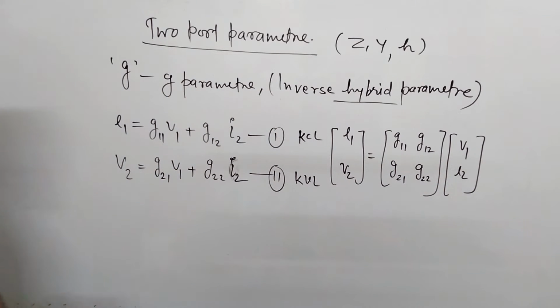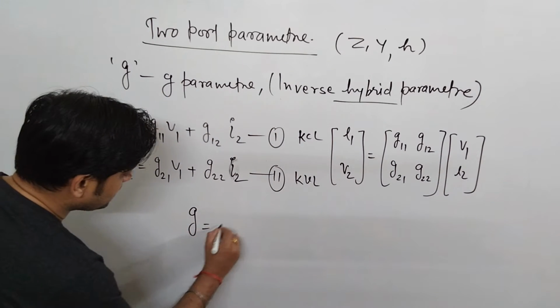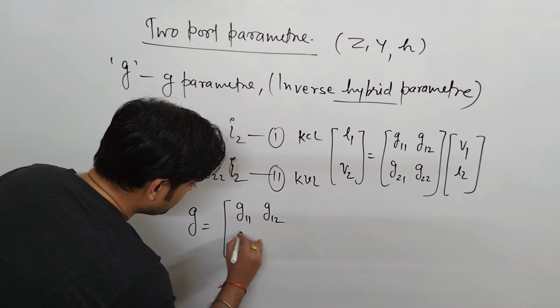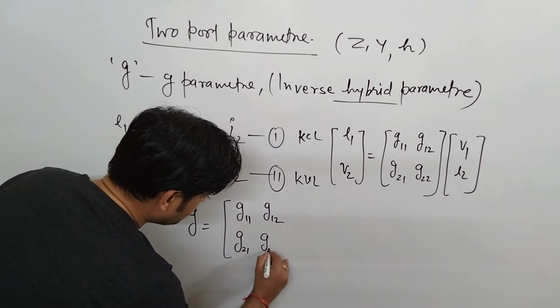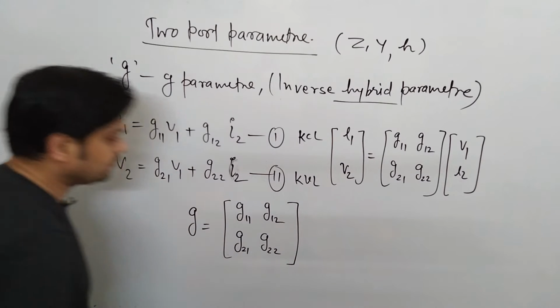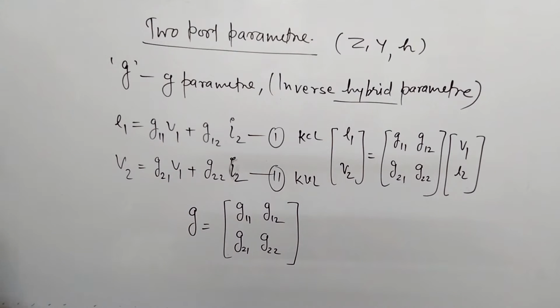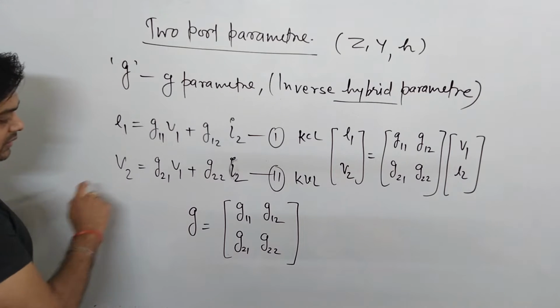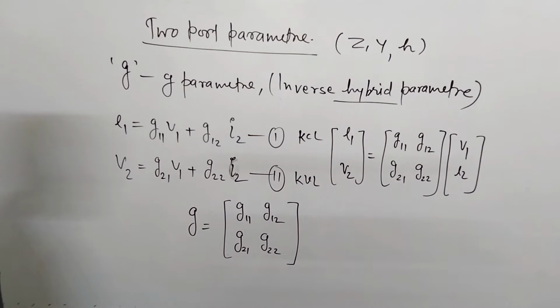So this is known as the G matrix, represented by G, equal to G11 G12 G21 G22. So these are your inverse hybrid parameters. The first equation represents basically the KCL form, the other equation represents basically the KVL form.